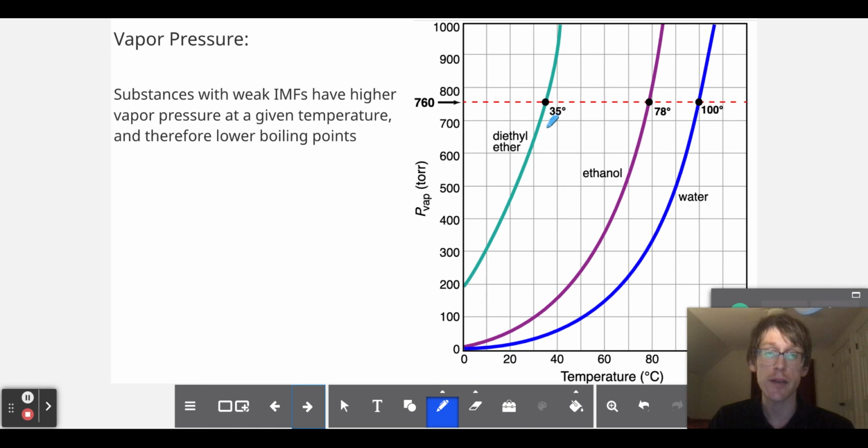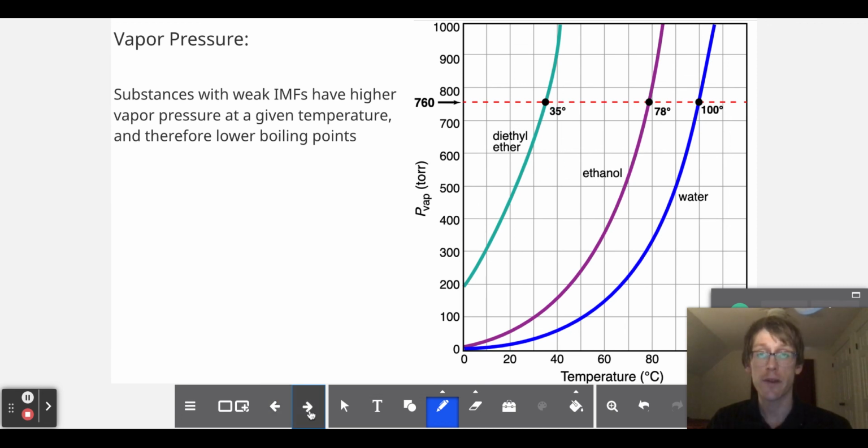And that's what we're seeing here with diethyl ether at, say, 0 degrees, where there's basically no vapor pressure for water. There's already about 200 millimeters of mercury of pressure for the diethyl ether, and then it just rises from there, reaching atmospheric pressure, the boiling point, at 35 degrees Celsius, whereas water at 35 degrees Celsius is still even less than 50 millimeters of mercury.